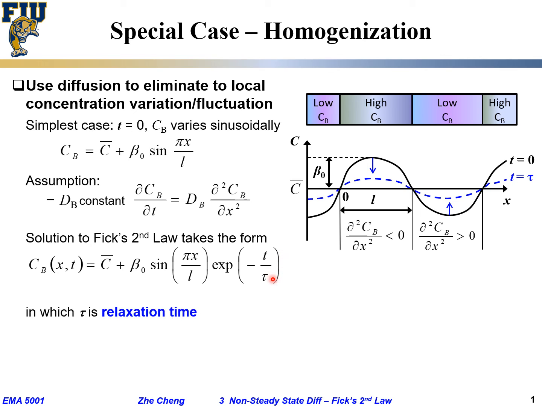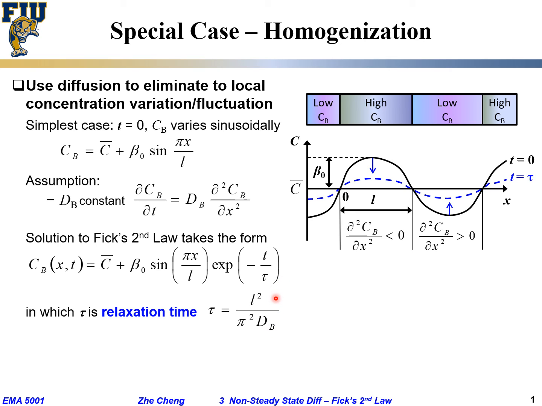Tau is what I'm going to call the so-called relaxation time. It's a term that is analytically given this way. Good question. Tau is analytically given, of course we don't go into mathematical detail, as L squared over pi squared D. What is L?